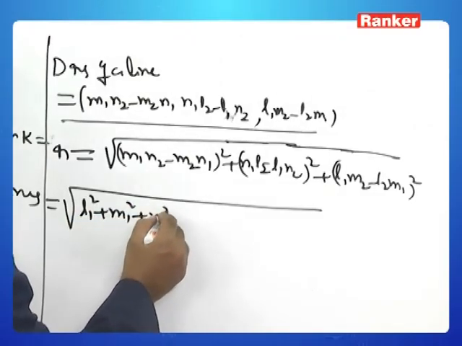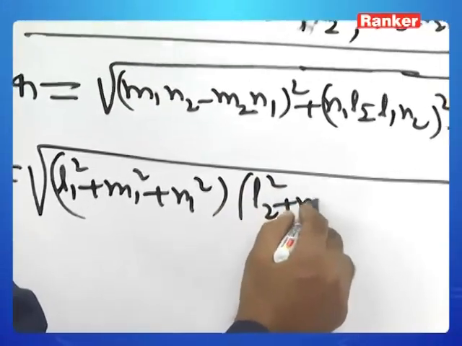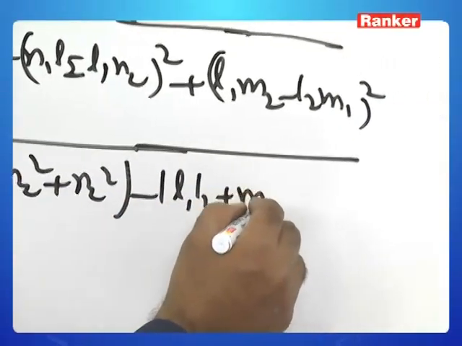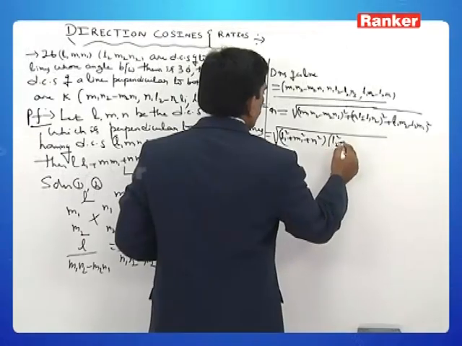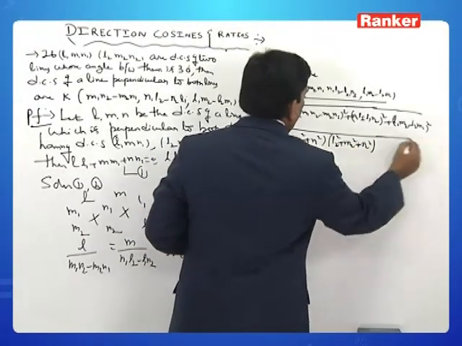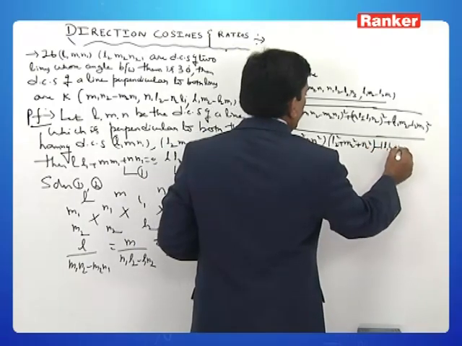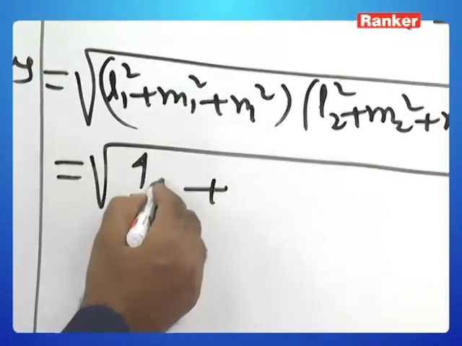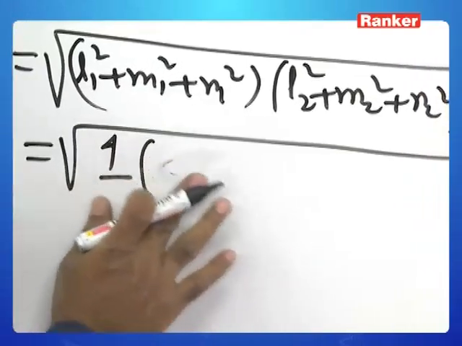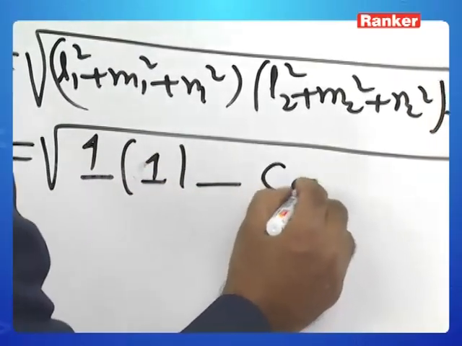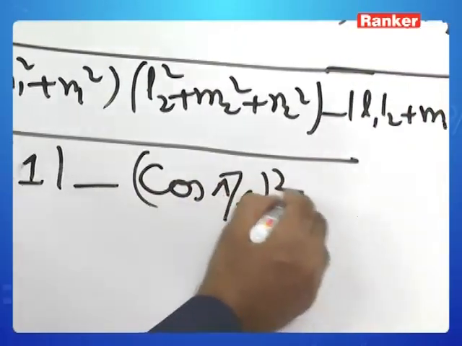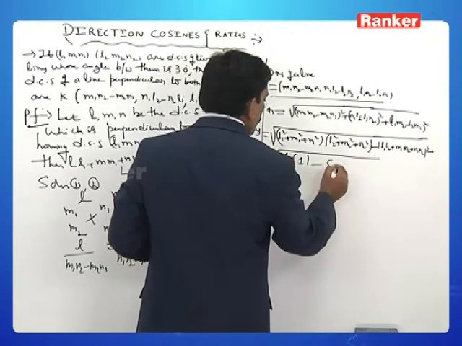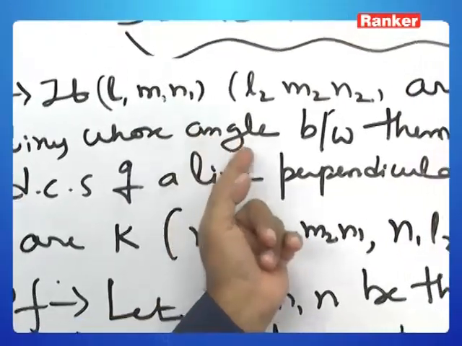So in the RHS, by using Lagrange's identity, this is 1 into 1, minus cos square of pi by 6.